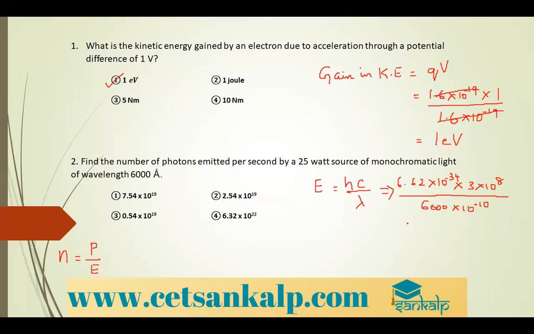So 6.62 into 3, that is 19.86 divided by 6 into 10 to the power 3. So here in the numerator, 10 to the power 34 plus 8. If it is shifted to the numerator, again it is plus 10 only.